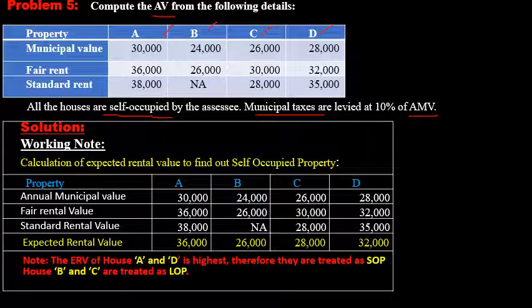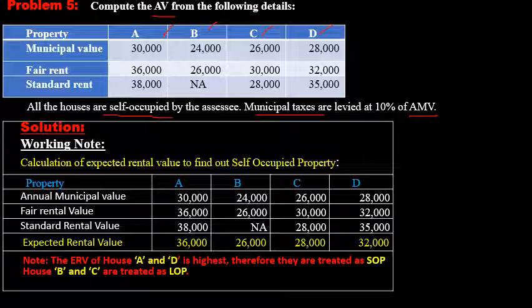So we have to find out the annual value of all the properties, property A, B, C and D. Before calculating the annual value, that is the net annual value, first we have to categorize which property is self-occupied and which one is let out property. The SSC used all four houses for residential purpose, but for the calculation we have to consider only two houses as self-occupied property.